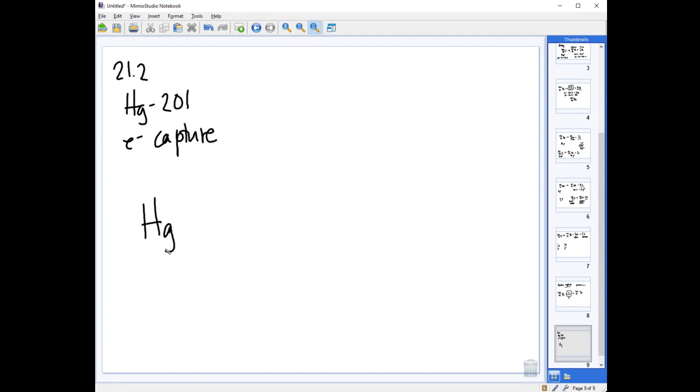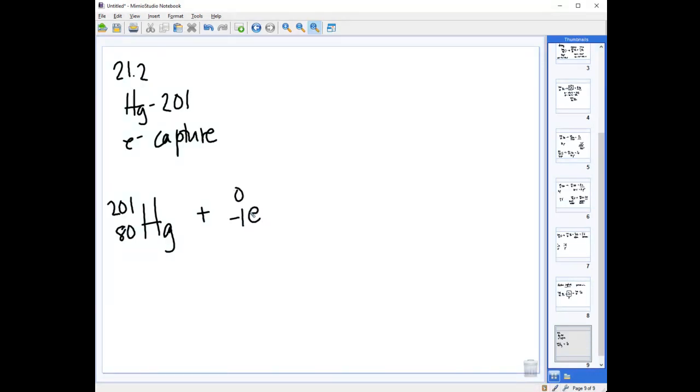So we're going to start out with mercury-201. I'm going to go to my periodic table and find my atomic number for mercury, which is 80. So I'm going to write this in my standard atomic notation. It is an electron capture, so I know that that's going to have to be on the left side of the equation.